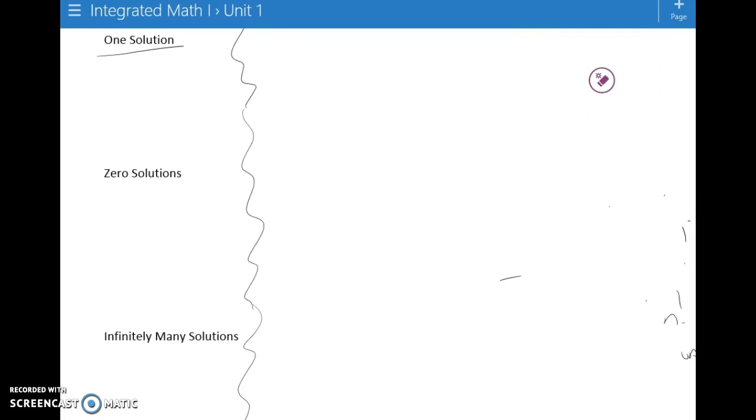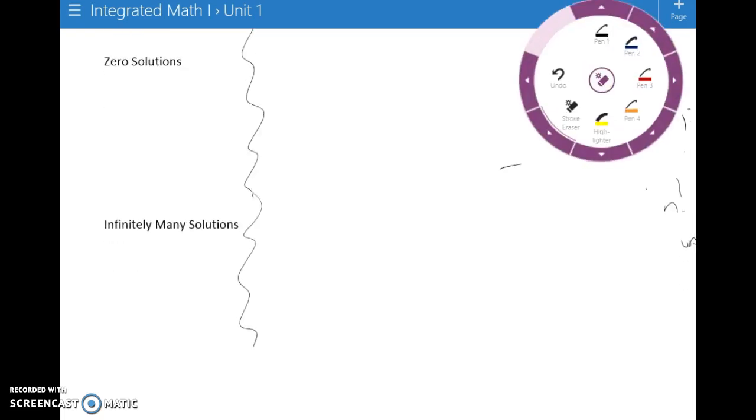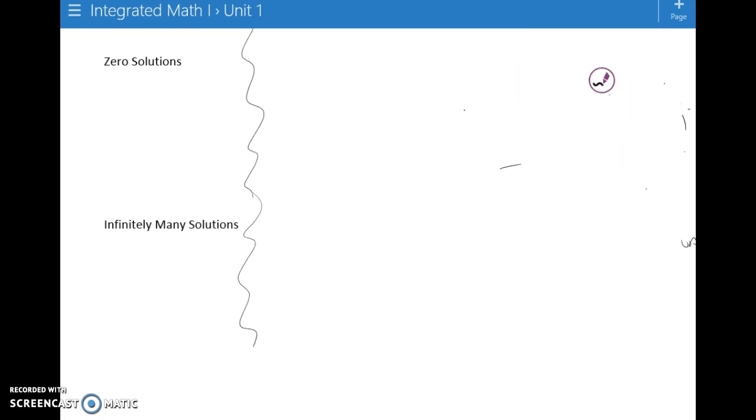Okay, so infinitely many solutions looks a little similar, so let's make sure we pay attention. Sorry, there's the bell. All right, here's our example. 2x equals x plus x. Well, I can combine these and get 2x over here. So I get 2x equals 2x.